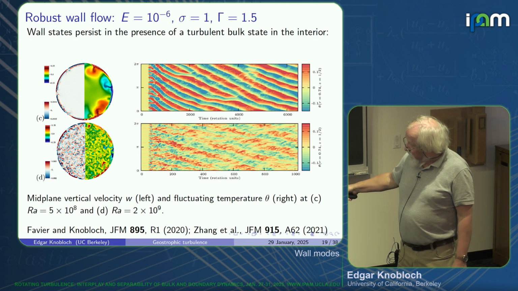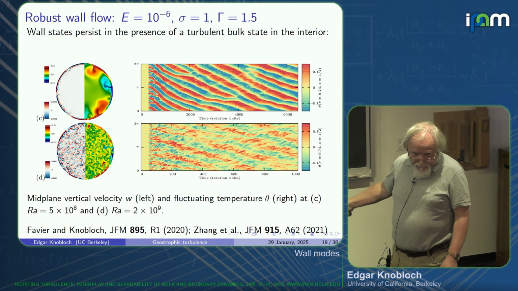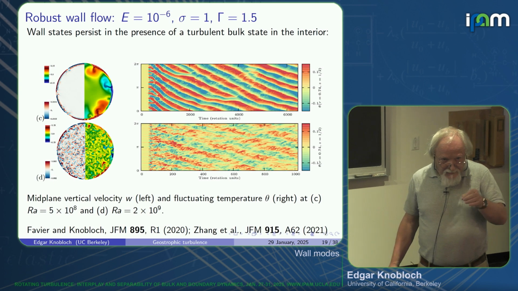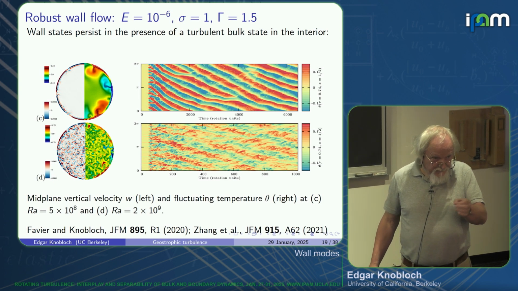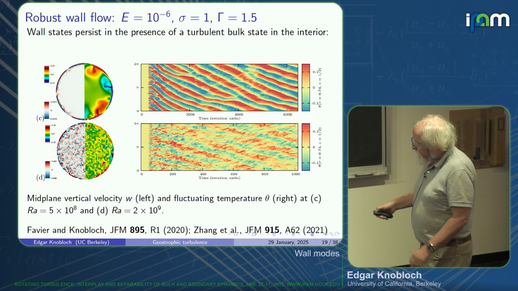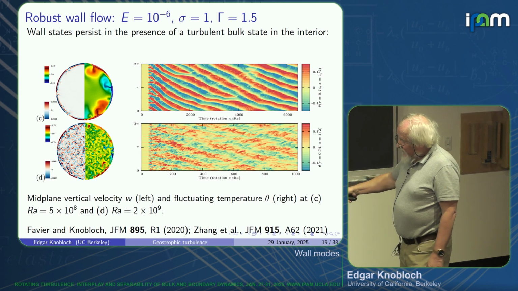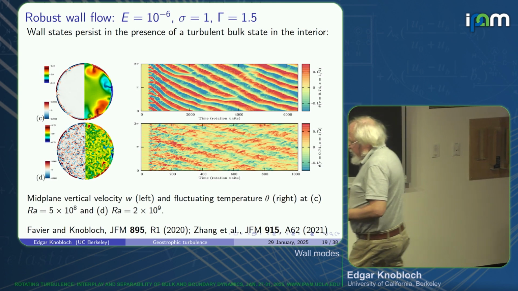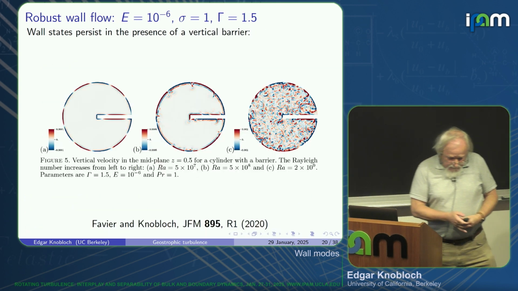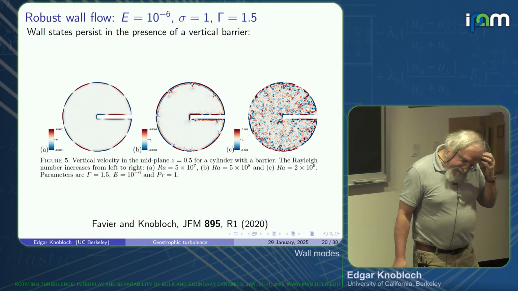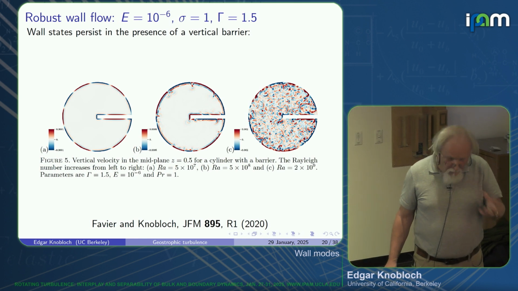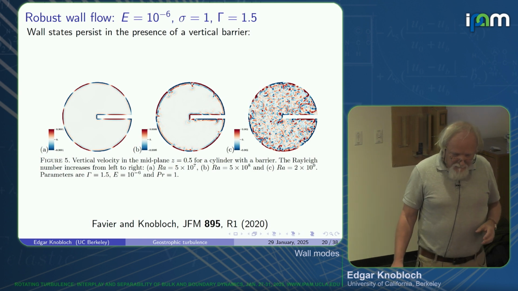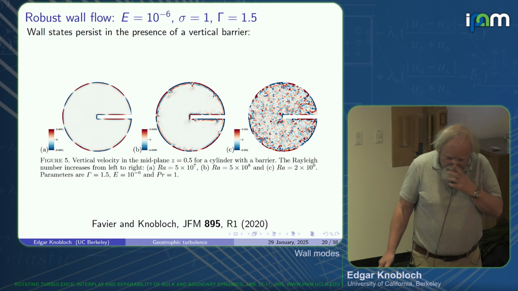We're measuring this near the boundary, so not in the middle of the domain, of course, but near the boundary, the signature of the wall modes persists very clearly. It's essentially the same thing, except it's now sitting on top of a turbulent state. So that was surprising, that the wall modes don't really care about what goes on in the interior of the domain, so they're kind of robust in some sense.